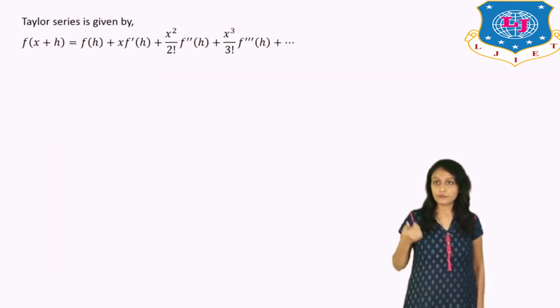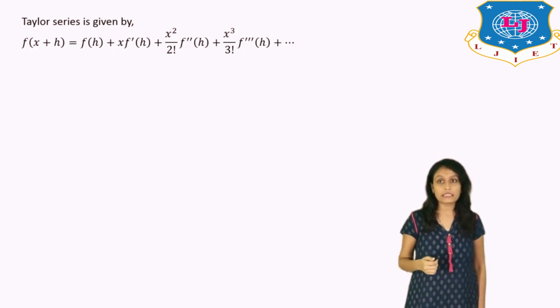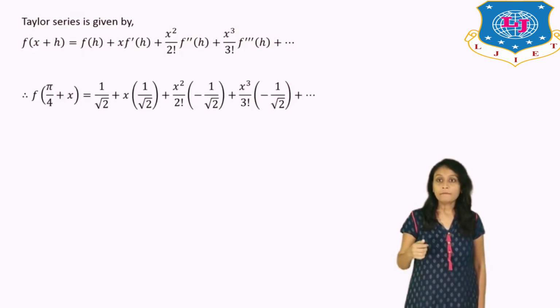Now we have to write the formula, that is Taylor series in powers of x. It is given by the formula f of x plus h is equal to f of h plus x into f dash h plus x square upon 2 factorial f double dash h plus so on. Now we just substitute the values.